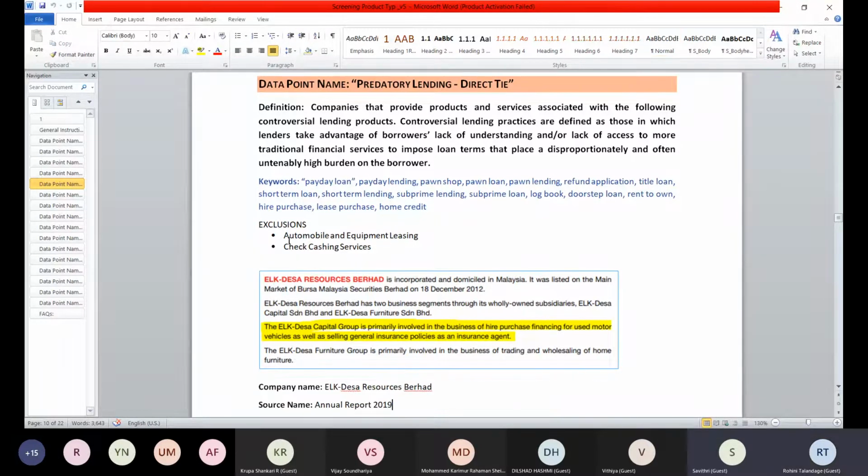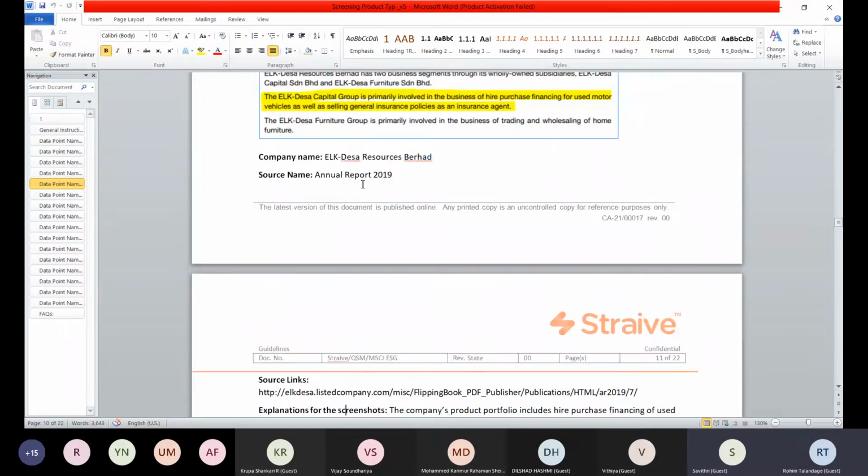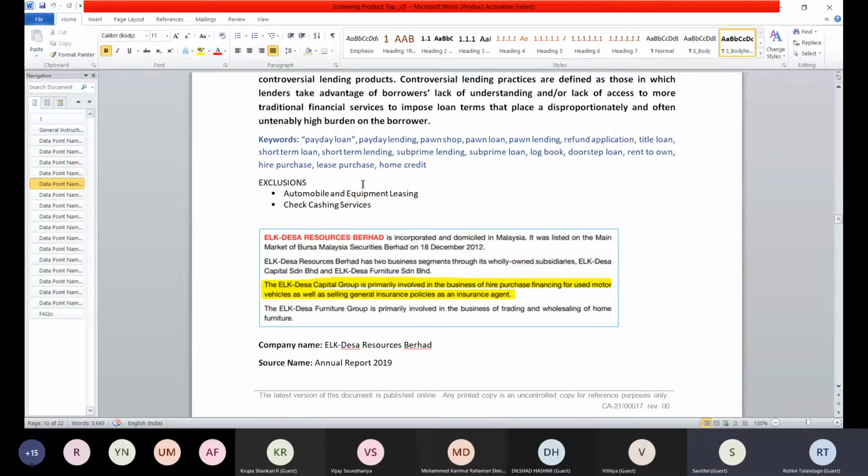Now there is an exclusion, like automobile and equipment leasing or check cashing services. For this, you have to mark it as no. So that company should not be involved in equipment or automobile leasing. In that case, you have to mark it as no.